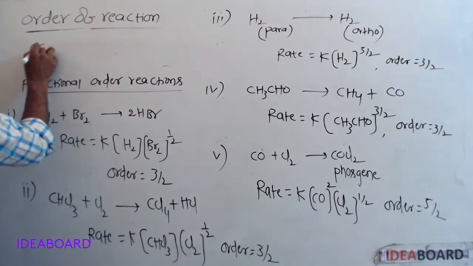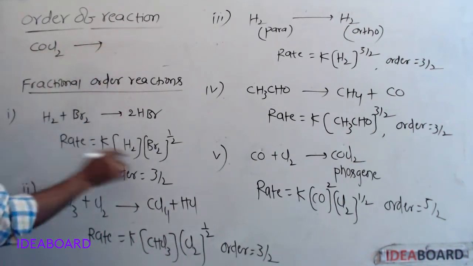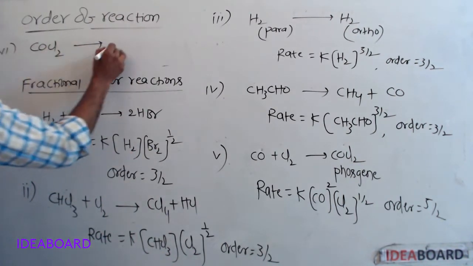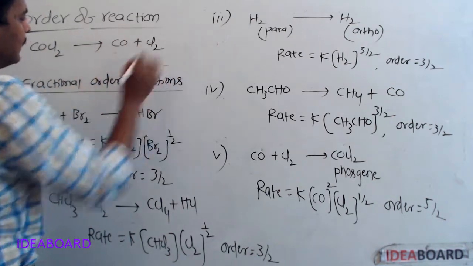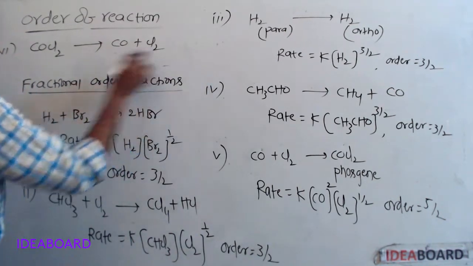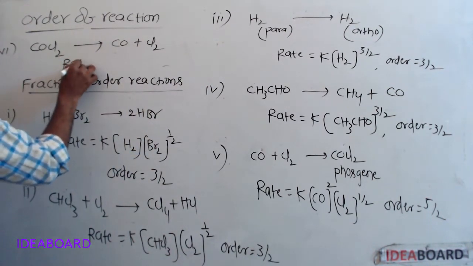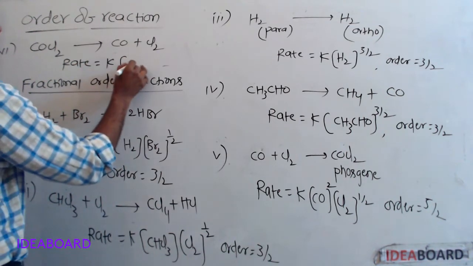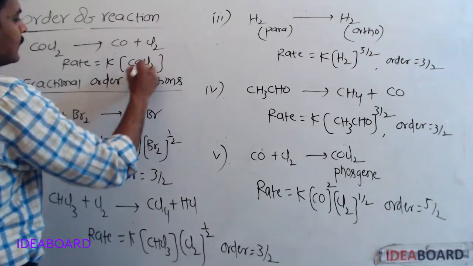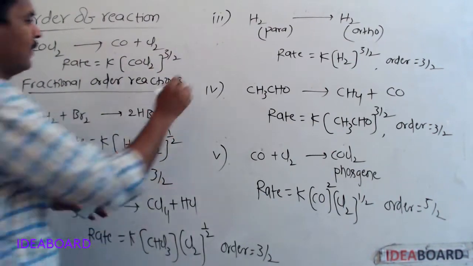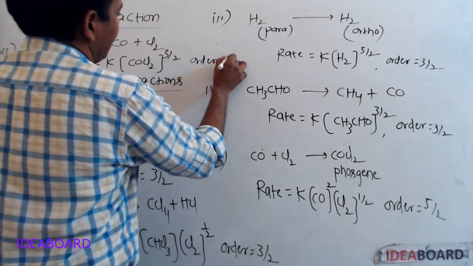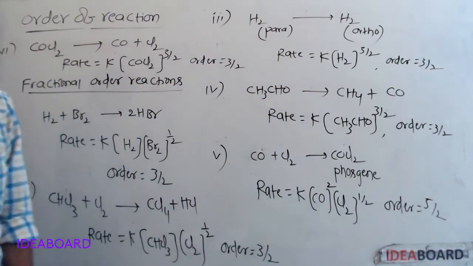Decomposition of COCl2. COCl2 on decomposition, CO plus Cl2 are formed. For this reaction, rate equation, rate is equal to K into COCl2 concentration power 3 by 2. Then order is 3 by 2.